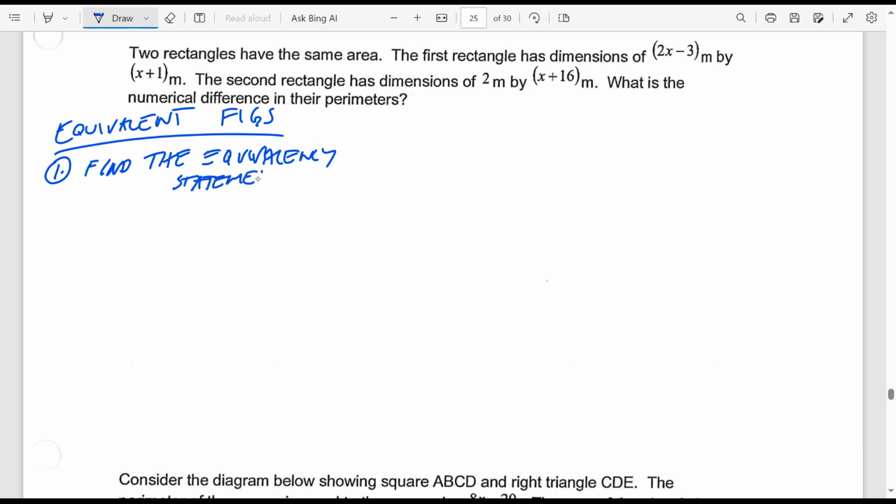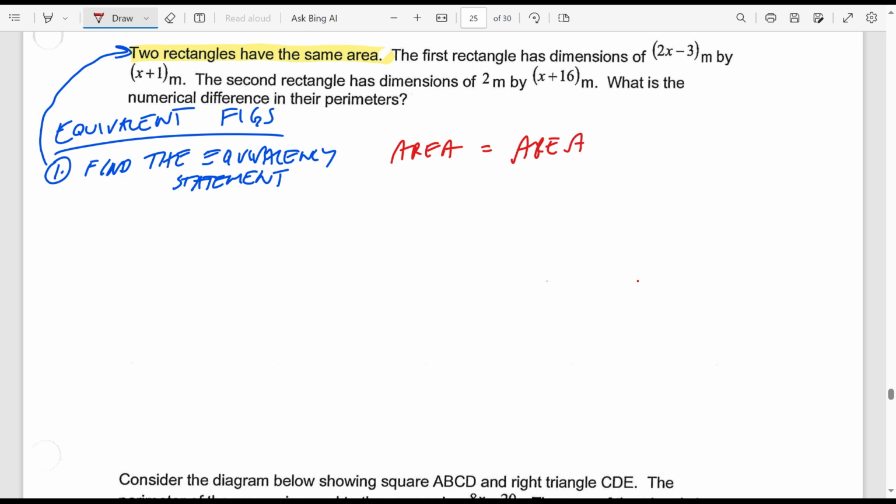And what I mean by that, I'm just going to highlight it right here. Two rectangles have the same area. That's the equivalency statement. Because what it's suggesting is, and I'll write it next to it here, that area of one is equal to area of the other.